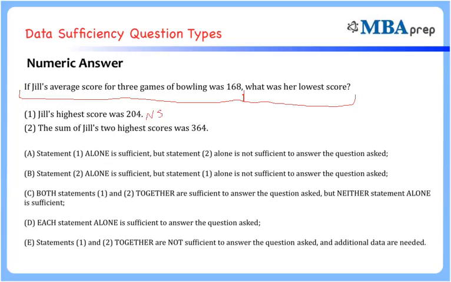The sum of these two highest scores was 364. If I have the sum of the three and of the two highest, then I can infer that I know the lowest score. So the second statement is sufficient.